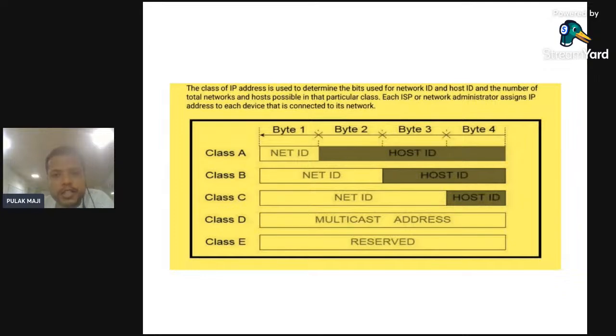That is the configuration of class A, because we divide the total 32 into 8 and 24.